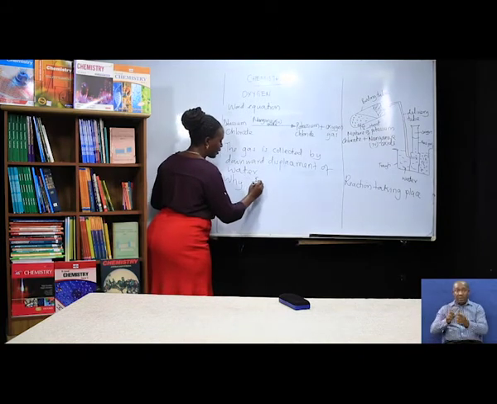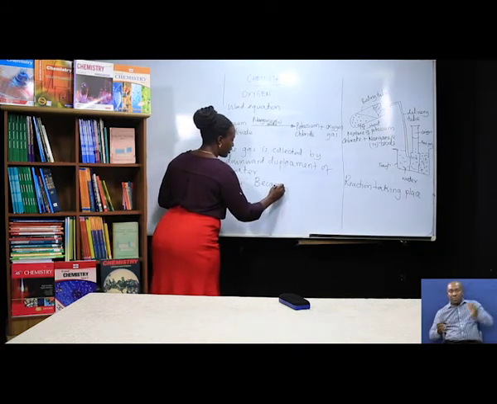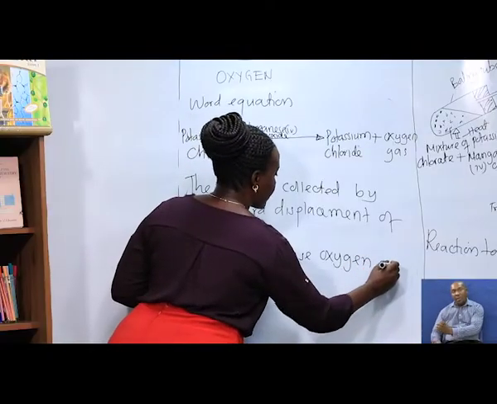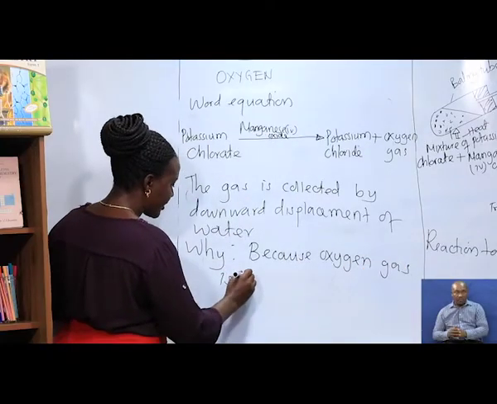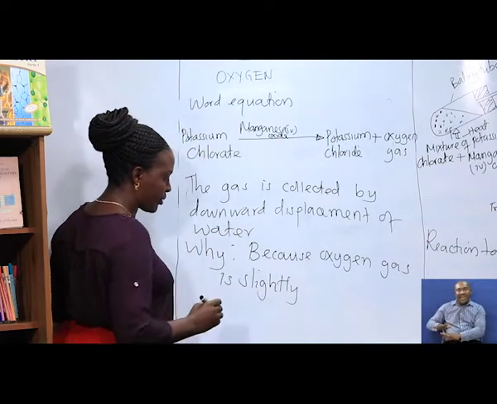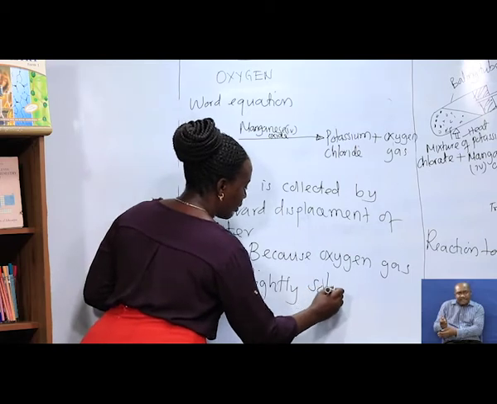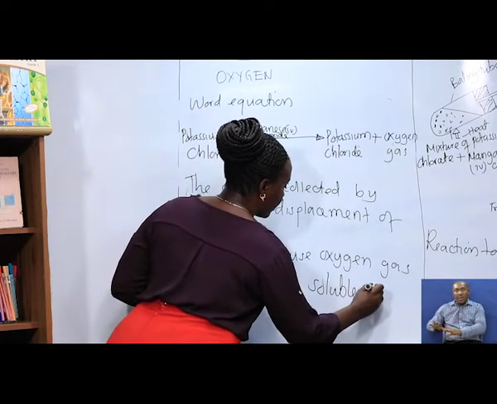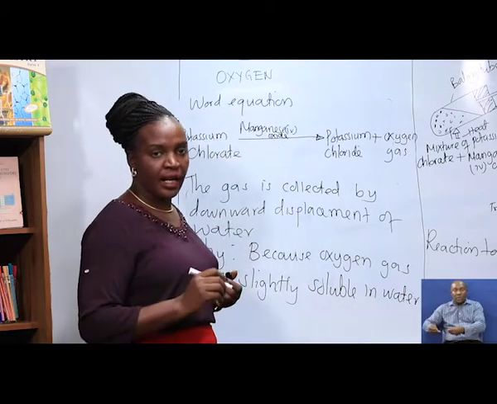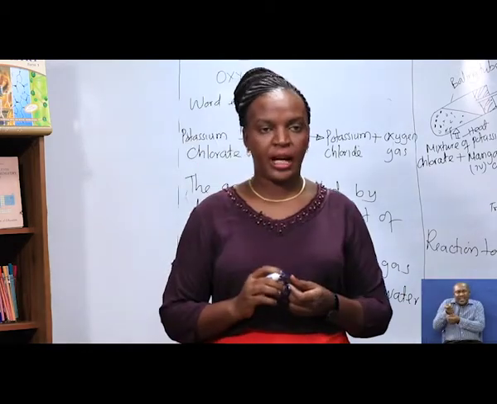It is because oxygen gas is slightly soluble in water. The word slightly means in a very minimal amount. It means the gas dissolves in water in a very, very small amount.